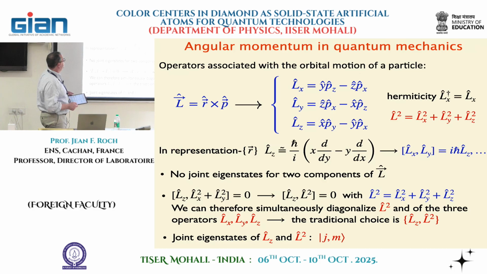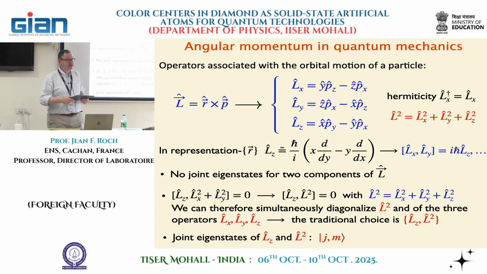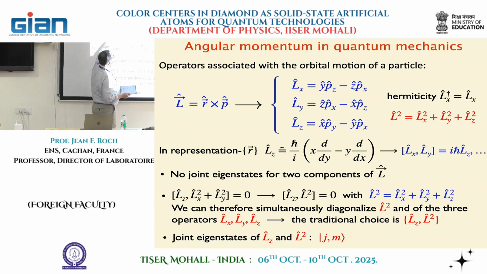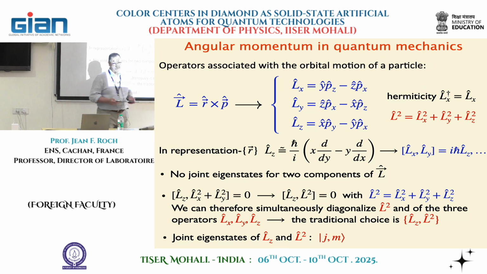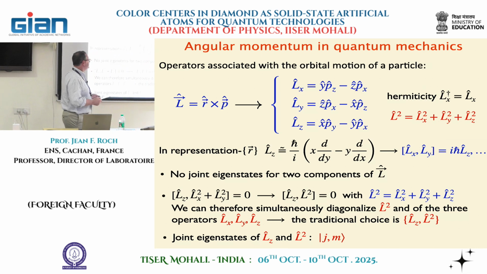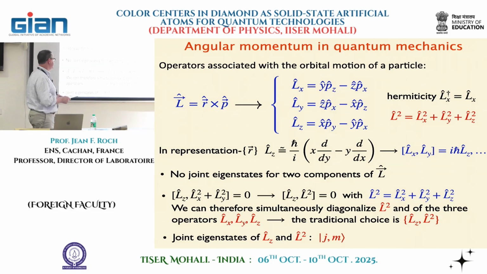If we start with the orbital motion of a particle, the angular momentum is defined by the operator R, that defines the position of the atoms, times P, the momentum, and we have these three components, Lx, Ly, Lz, and we can also use these three components to compute L square, which is just Lx square plus Ly square plus Lz square.